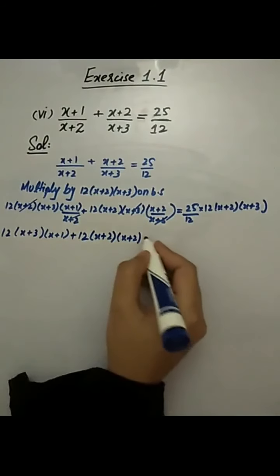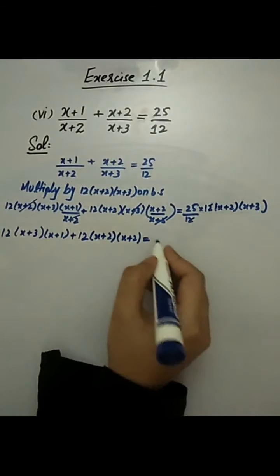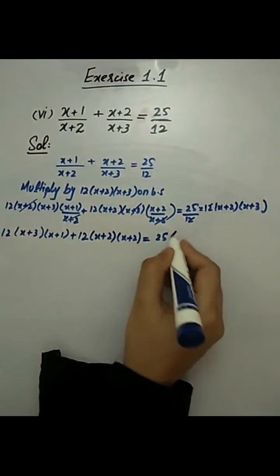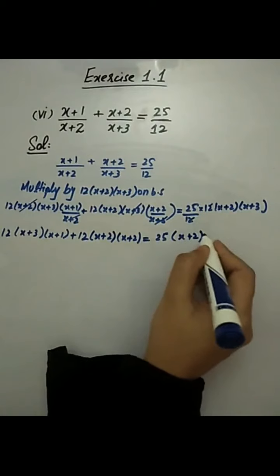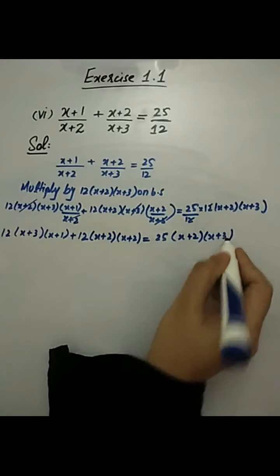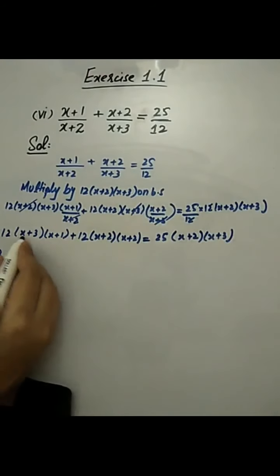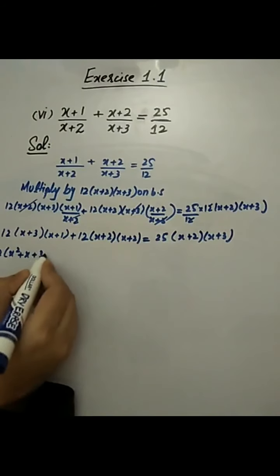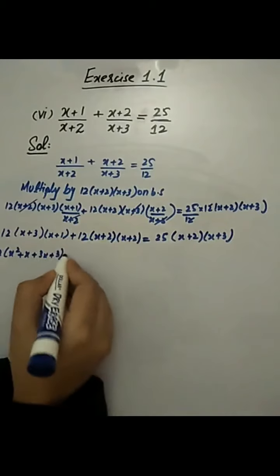Clear? 12 and 12 cancel. 25 x plus 2 x plus 3. Now we will multiply x with x. X square plus x plus 3x plus 3.